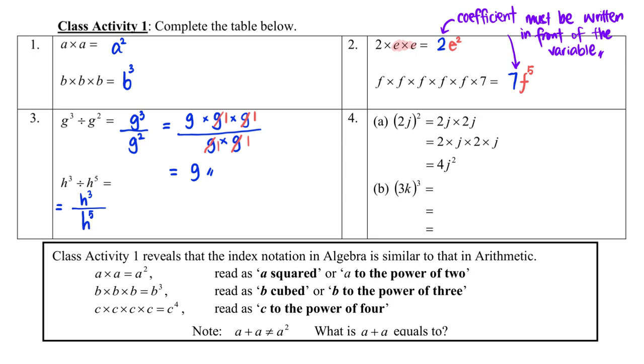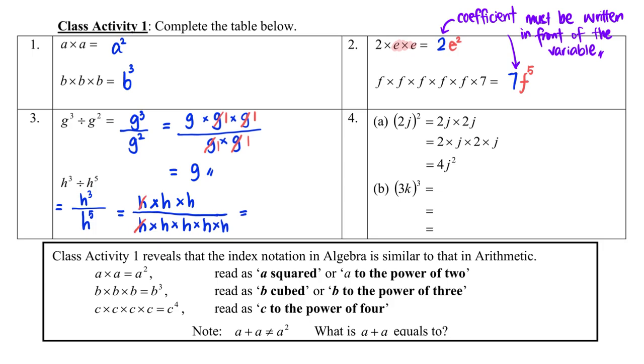Let me just make sure that, okay, so that is neater. So this one will be equal to h times h 3 times over h times h times h times h times h 5 times.